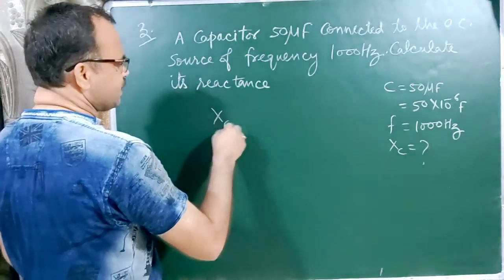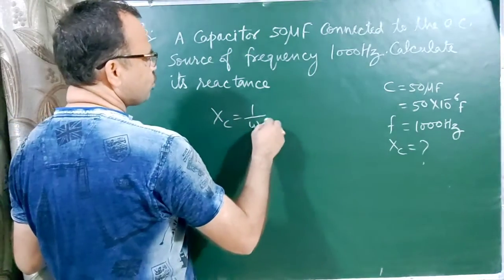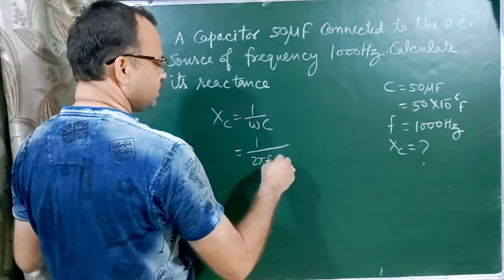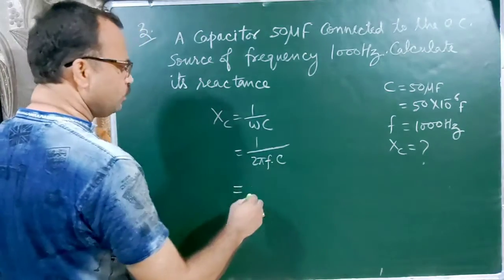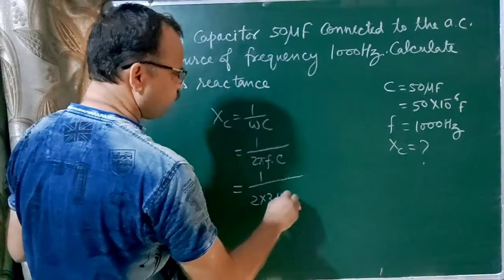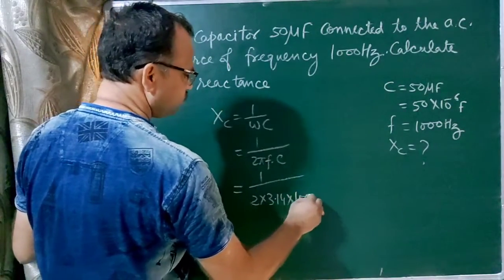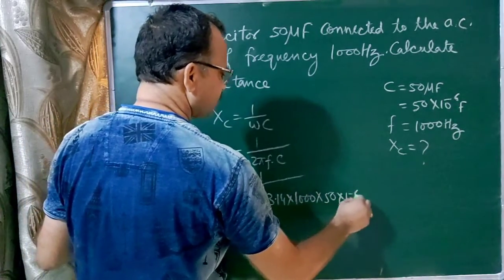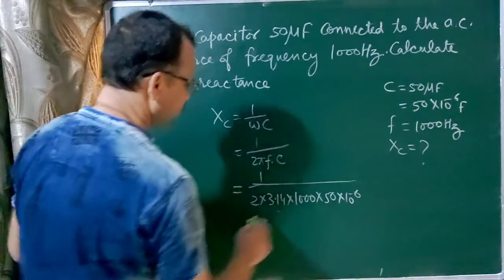So as we know that XC equal to 1 upon omega C, and the value of omega is 2 pi f into C. Now substituting the values: 1 upon 2 into 3.14 into f 1000 into C 50 into 10 raised to power minus 6.